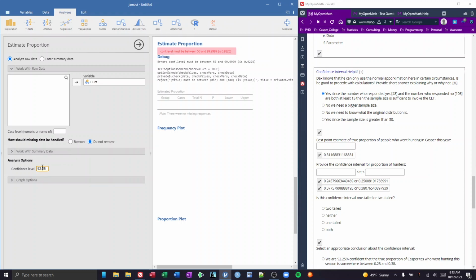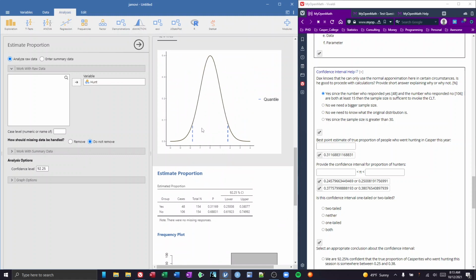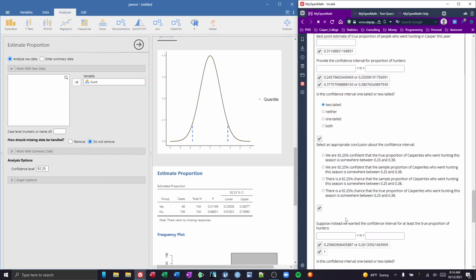This one does want us in percentage, so 92.25. Hit enter. And here it gives us a confidence interval for both the yes and the no. So it's kind of handy here. We can do either direction if we want. But if we want to see what the confidence interval for the yes is, there it is for both our lower and our upper. And as we've been doing these, this is a two-tailed test because we've thrown alpha to two sides. So we're going to say that that is two-tailed.